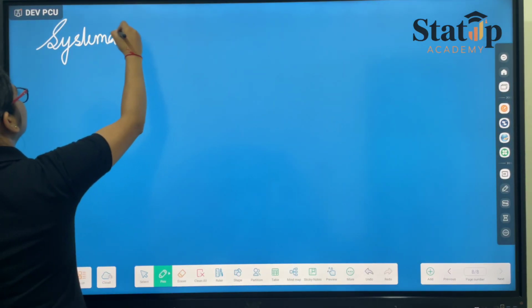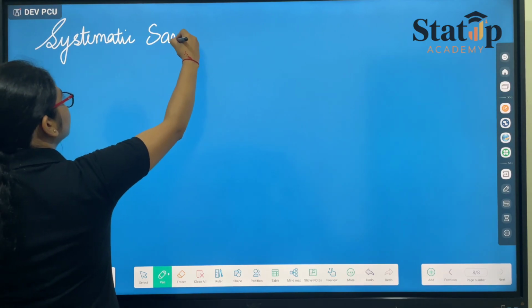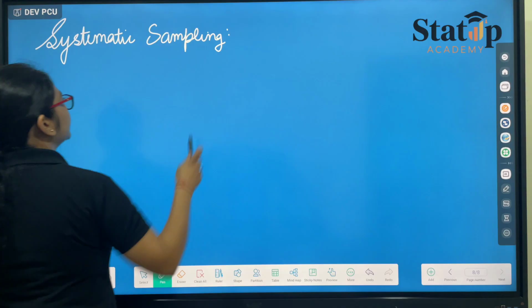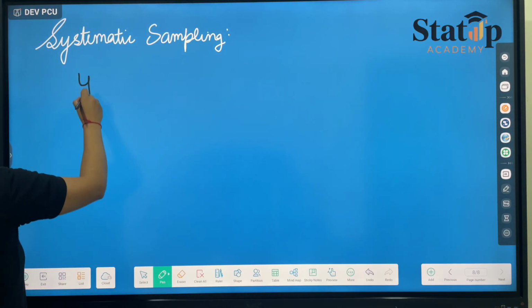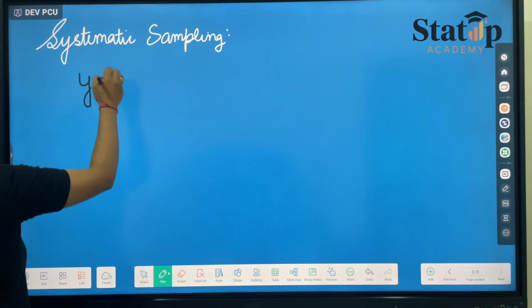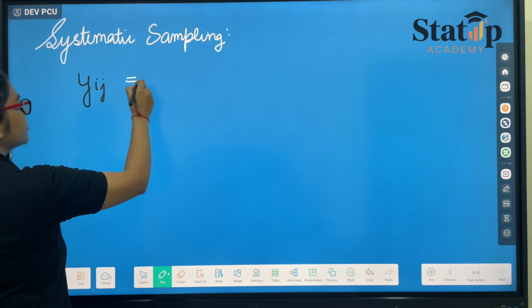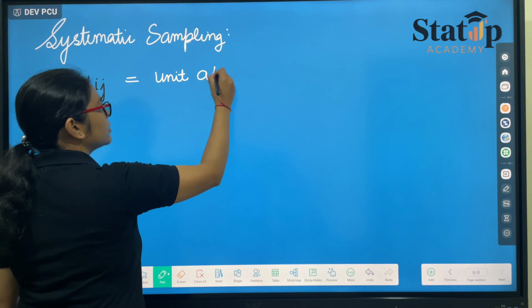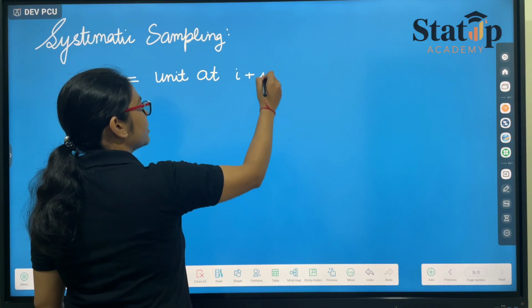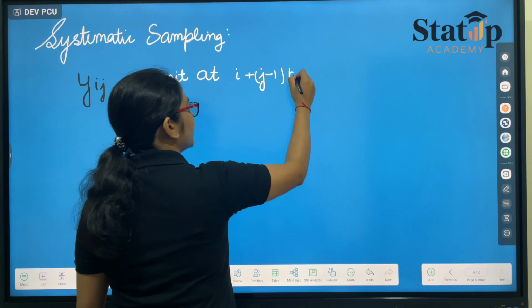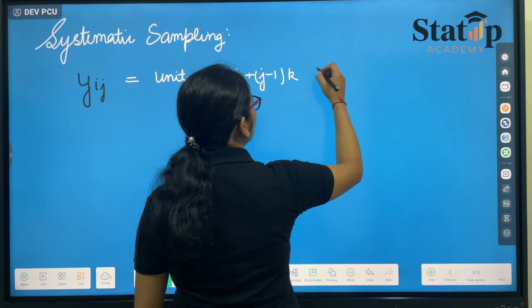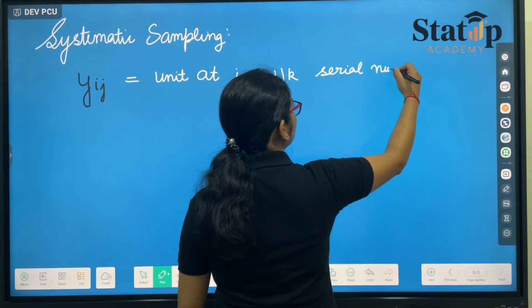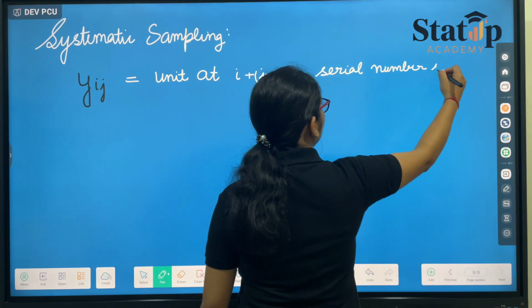Systematic sampling. So in systematic sampling, Yij is the unit at i plus j minus 1 into k serial number in the population.